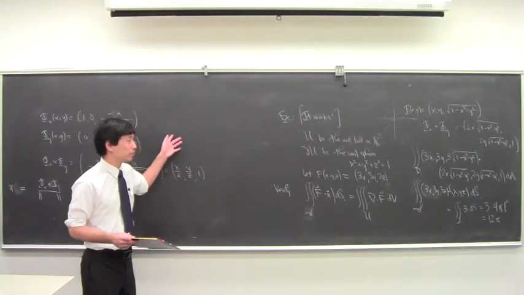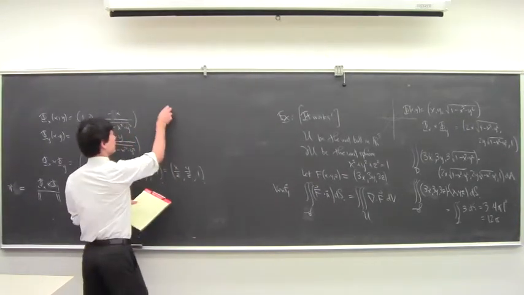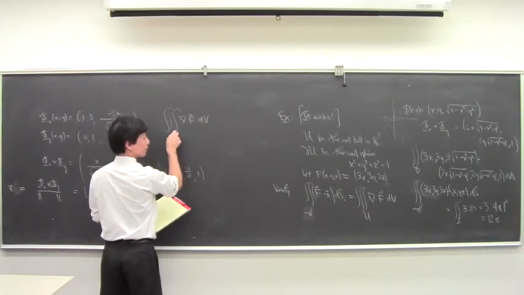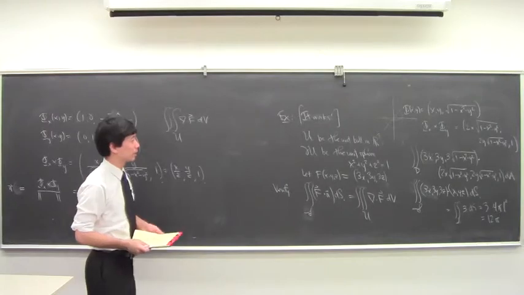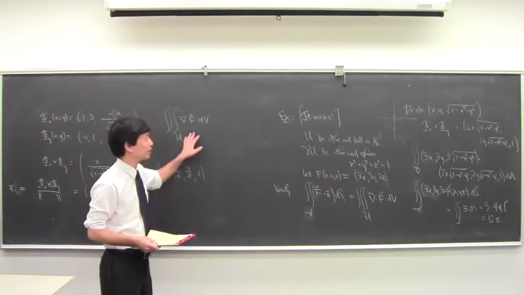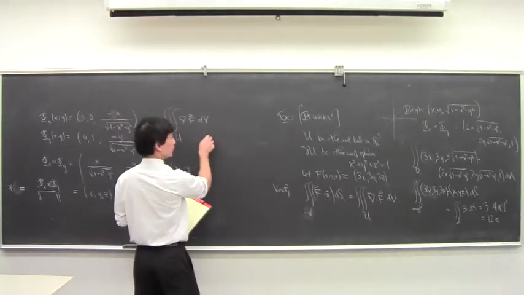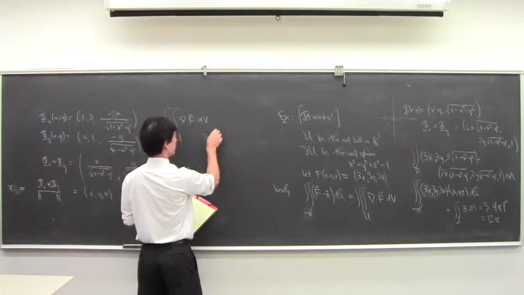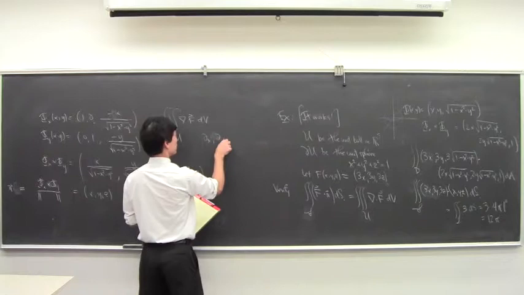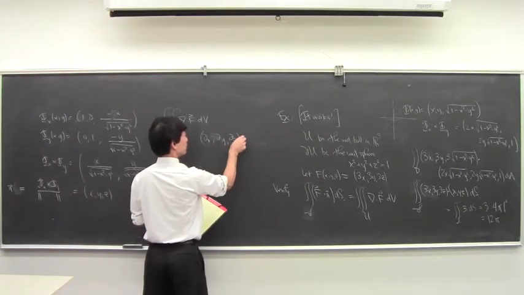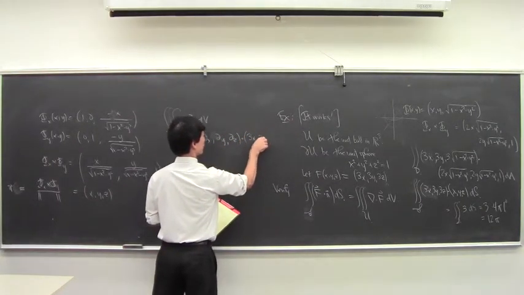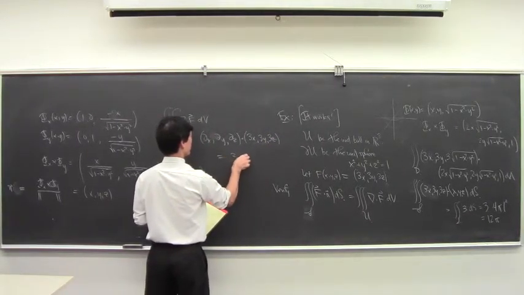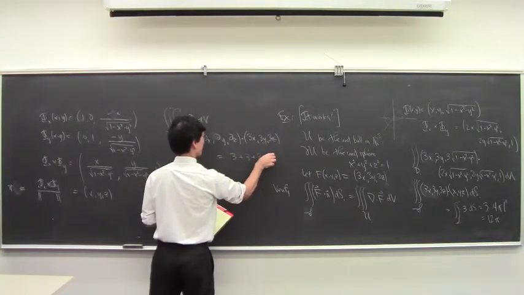Then the other side is maybe easier. What's the divergence? You take partial of this, dx partial, dotted against 3x, 3y, 3z, and you get 3 plus 3 plus 3, 9.